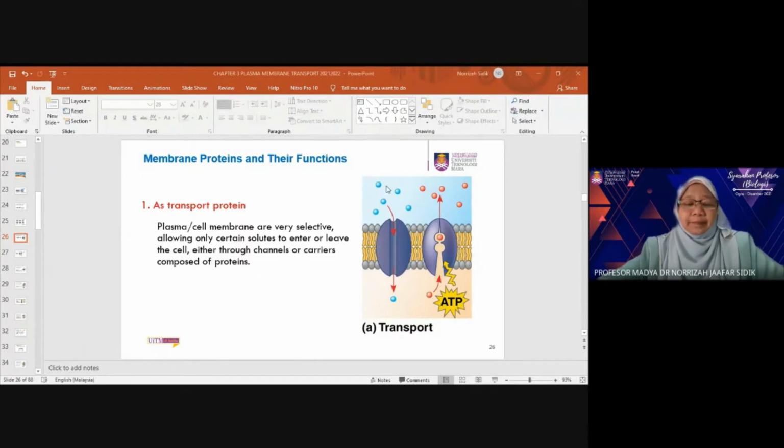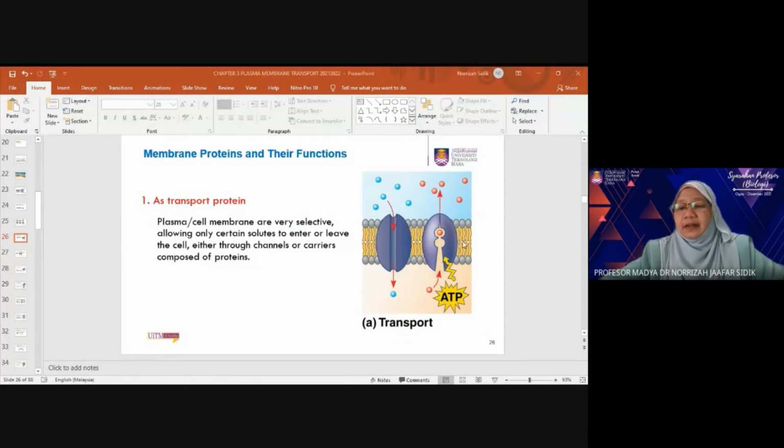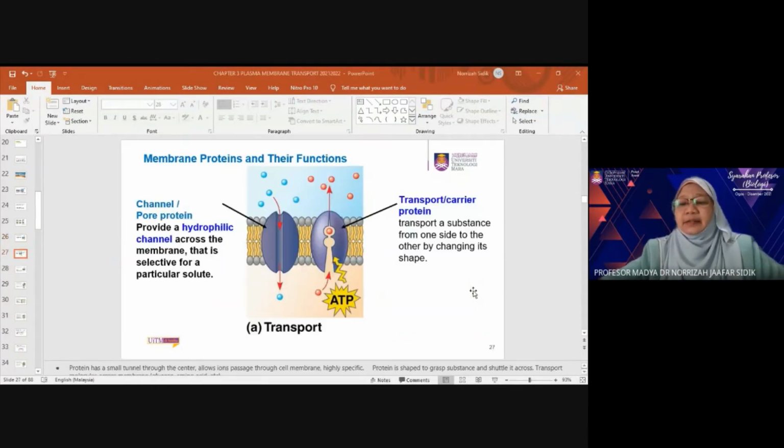The solutes can enter or leave the cell through channels or carriers. Carriers are composed of proteins. If you look at the carriers here, they involve ATP.